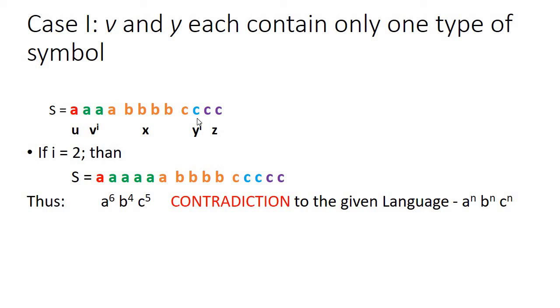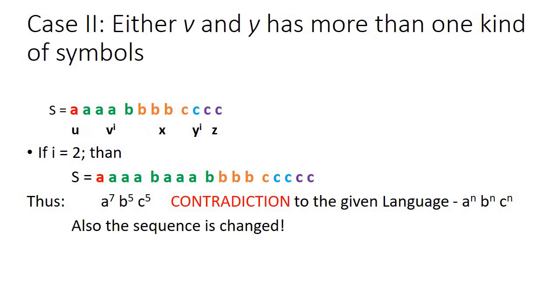The small c, which is in blue color, comes twice because of the power 2. So here a's are 6, b's are 4, and c's are 5, which cannot be generated with the help of the actual grammar, that is a to the power n, b to the power n, and c to the power n, because all the powers are the same. Here we are getting a string with different powers, so this is a contradiction of the given language.